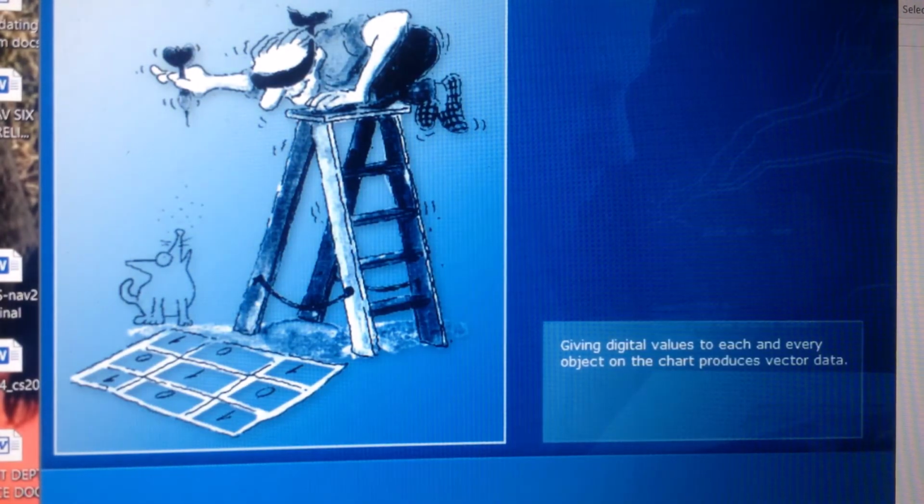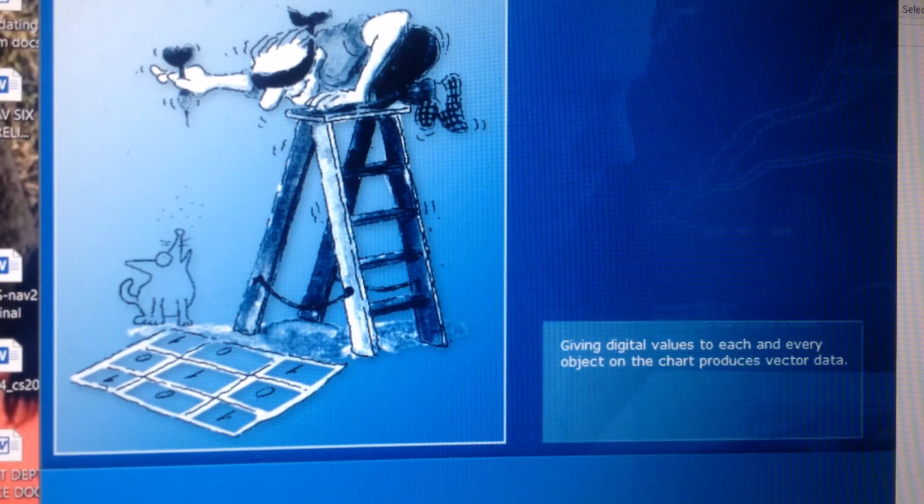Giving digital values to each and every object on the chart produces vector data. These values enable a computer system to identify the object, to portray it in the required form and colour, to place it in its correct position, and to provide information about its attributes.